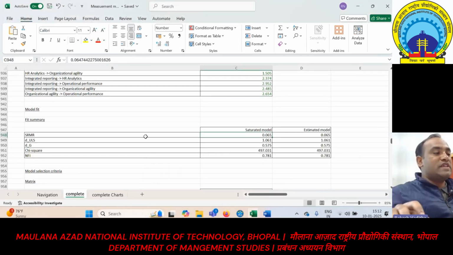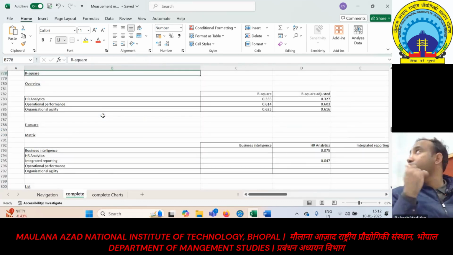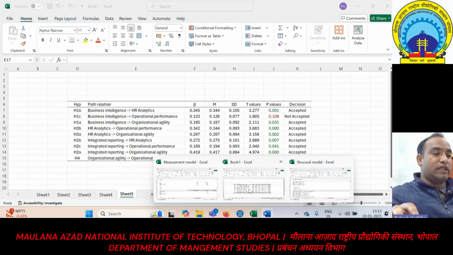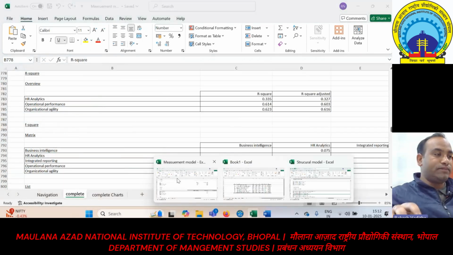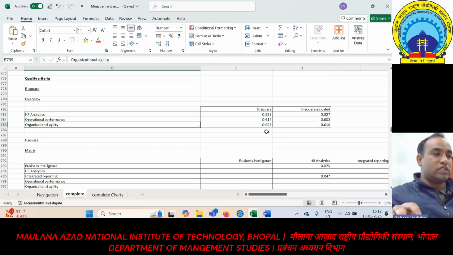Now we have to go to the measurement model, where the R square value is there. The outcomes of the model, in our study, are HR analytics, organizational agility and operational performance. For those three only we will get R square values. Here you see the R square value for HR analytics is 0.335, operational performance 0.614, organizational agility 0.623.